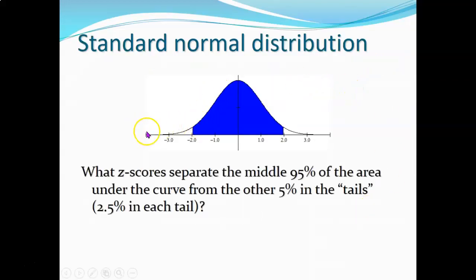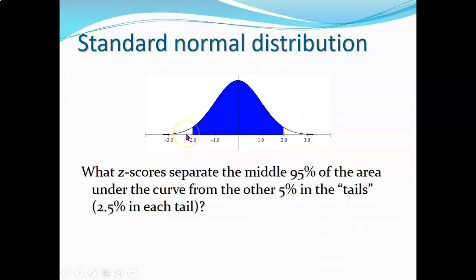In particular, for a 95% confidence interval, we'd ask what z-scores separate the middle 95% of the area under the curve from the other 5% that's in the tails. So this is 95% of the area in the middle here, and then the other 5% is outside that middle range.